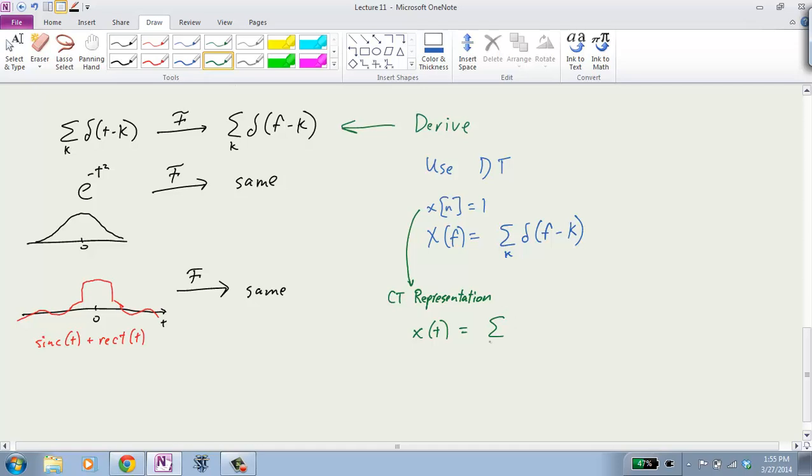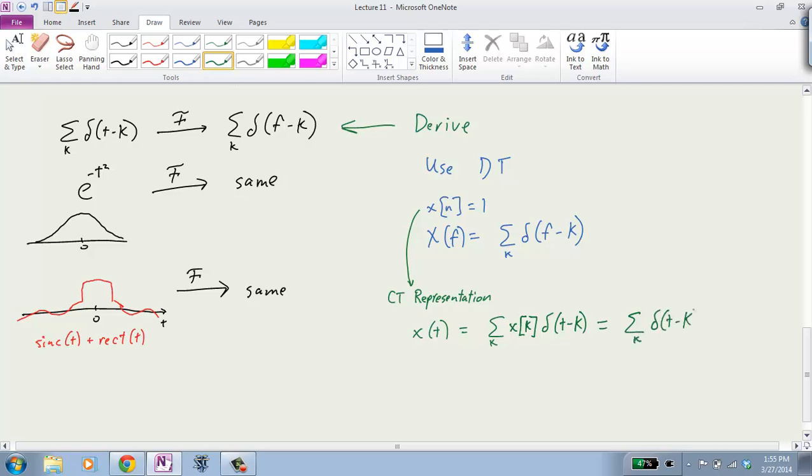The general way of doing this is we say sum over k, x of k delta of t minus k. That's the general way of taking an x of n and converting it to a continuous time representation. But in this case, that's just this.